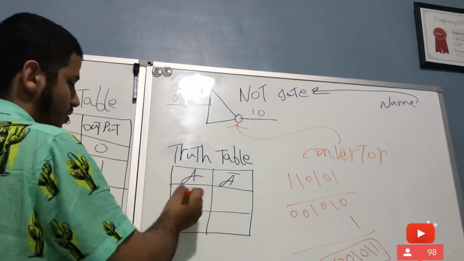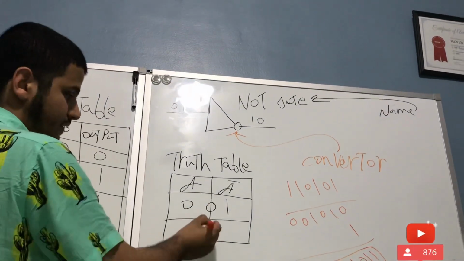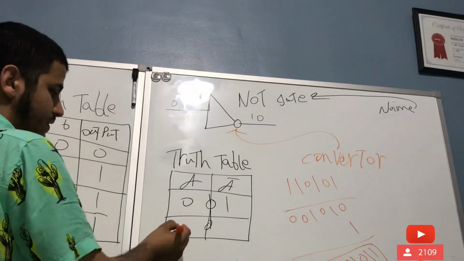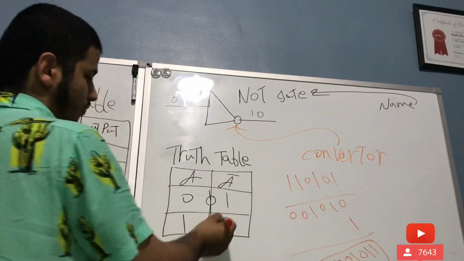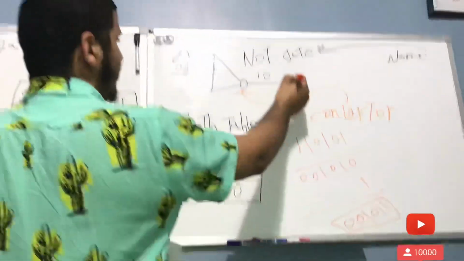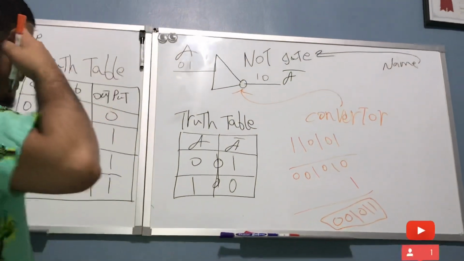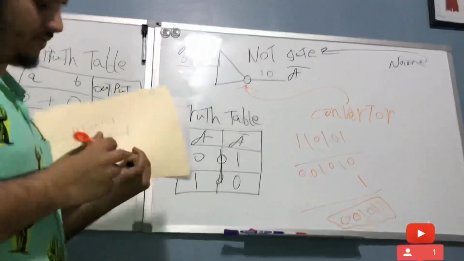If you put 0, the output will be 1, because it converts. And if you have 1, this will be 0. If you have A here, the output will be not A, always. That's the converter. That's the NOT gate.